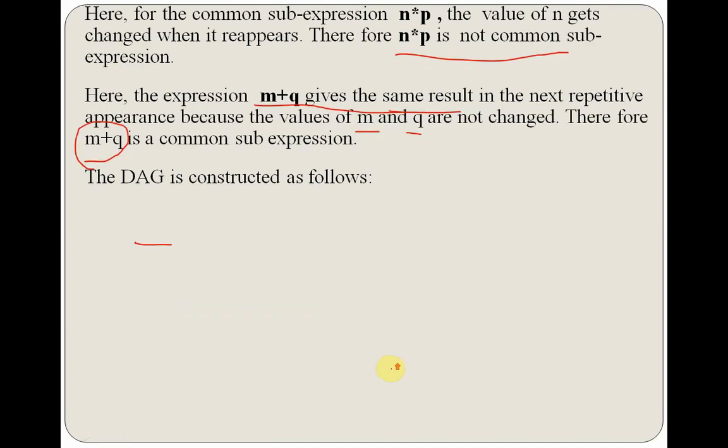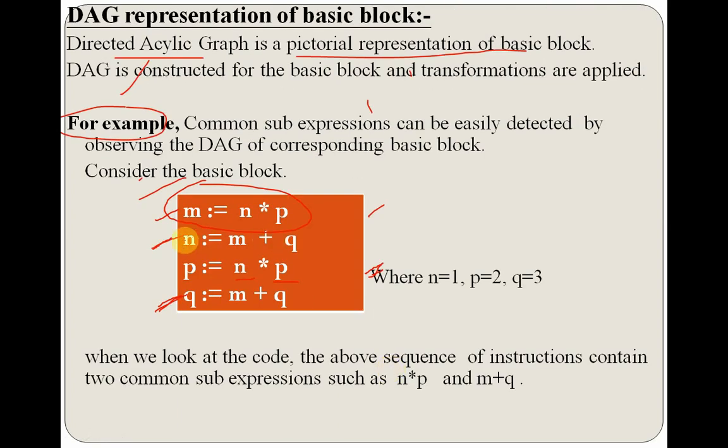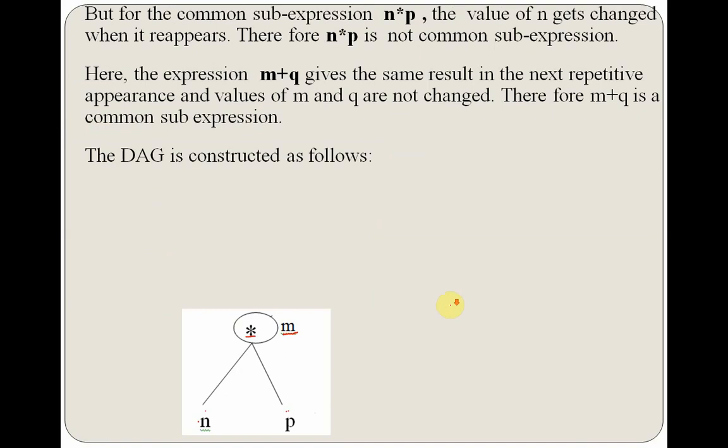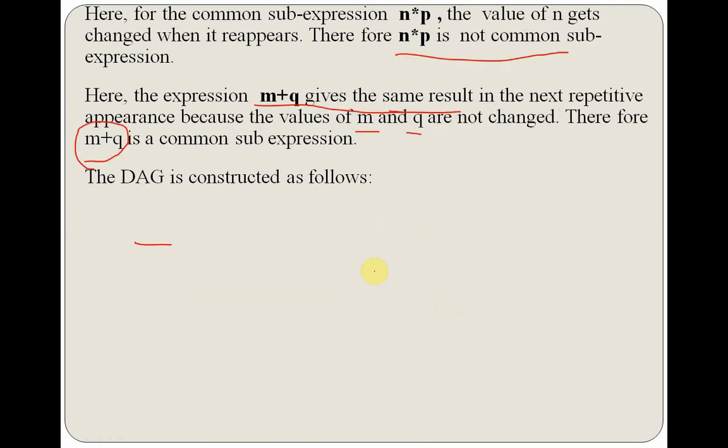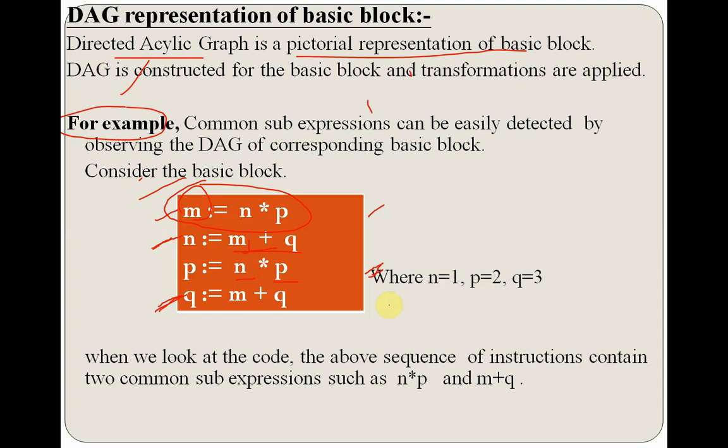Next, find the next instruction in the basic block. So n equal to m plus q. So I have to compute m plus q here. m can be used here. So therefore the extension will be like this. So m is going to be used to compute the n value here. So n equal to m plus q.